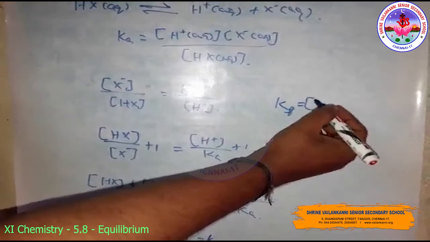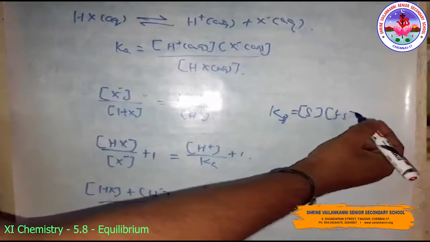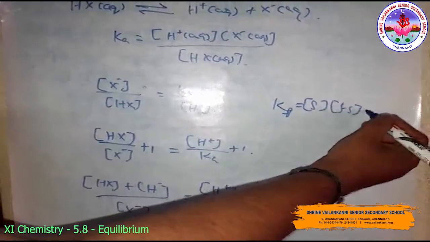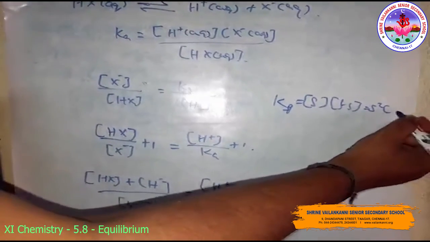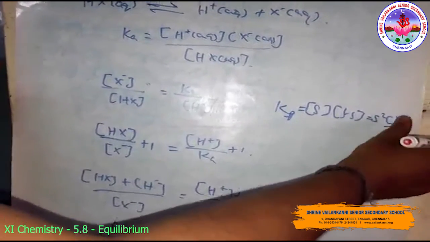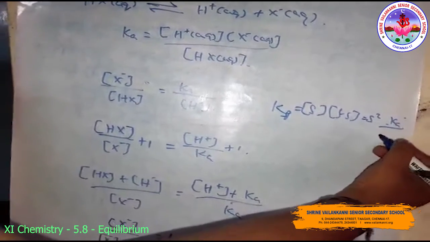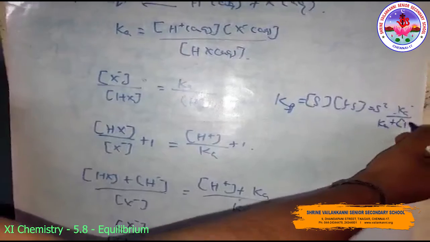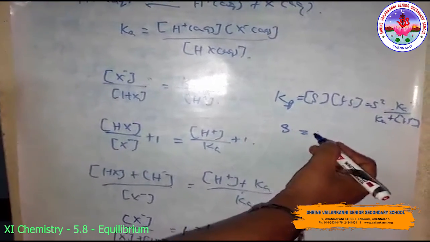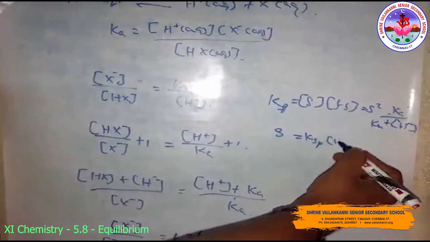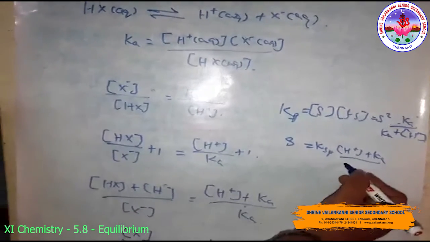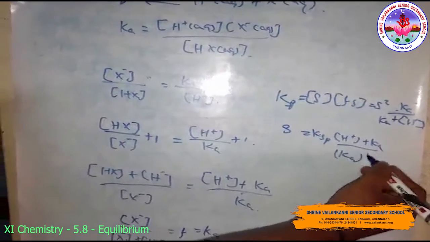Ksp is equal to S times FS, that is S squared times Ka divided by (Ka plus [H+]). So S is equal to (Ksp times ([H+] plus Ka) divided by Ka) power 1 by 2.